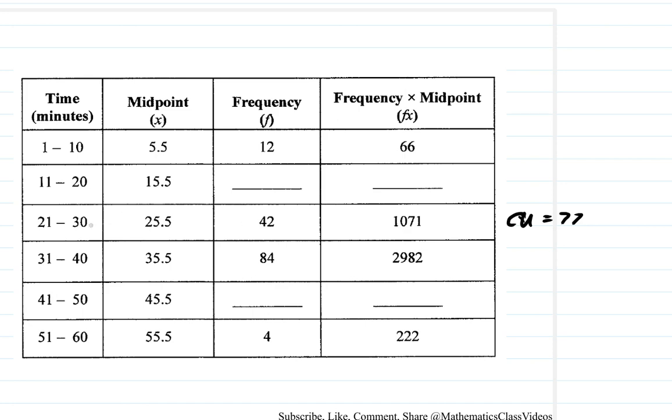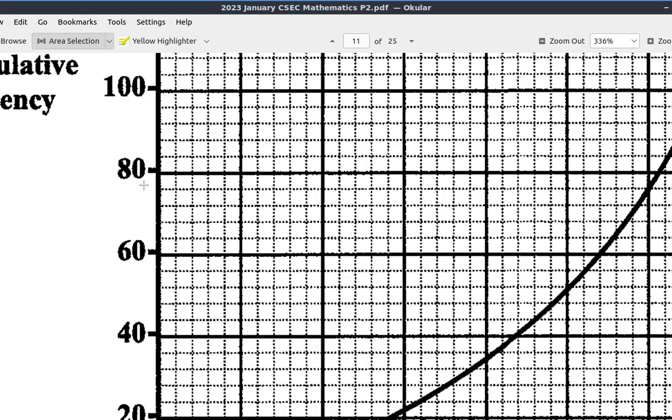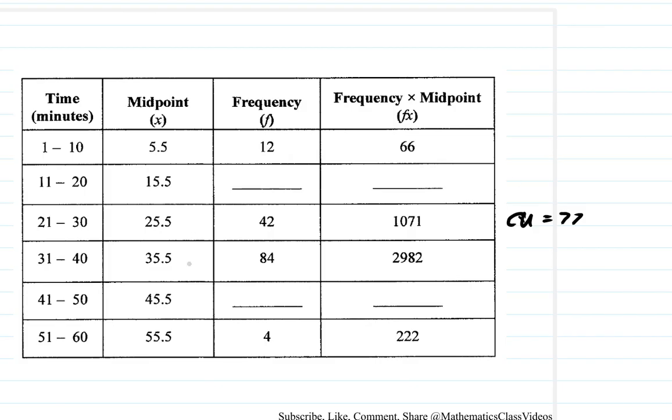At 30.5, it will be 64, 68, 72, 73, 74, 75, 76, 77, 78. Call it 78, estimating from the graph. The cumulative frequency here was 78.